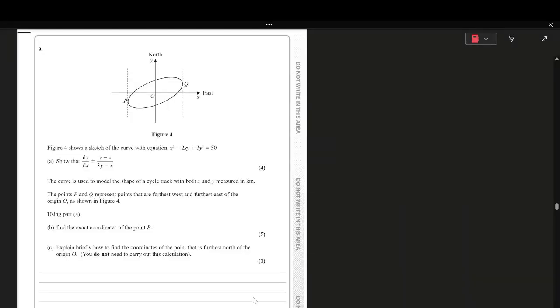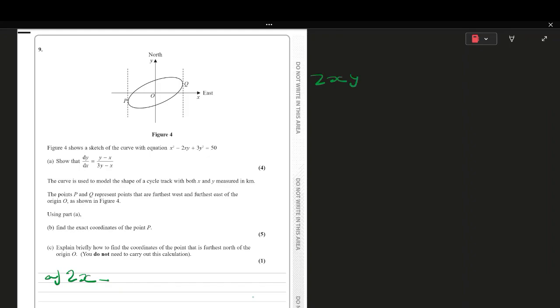So for question 9, part A, we need to show dy by dx is this. However, we can notice that this does not equal 0. It's also not equal to y. So we need to use implicit differentiation. So we do x squared, so 2x minus, and so it's 2xy.